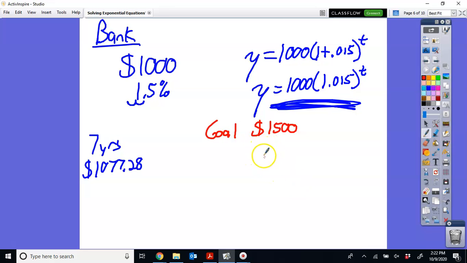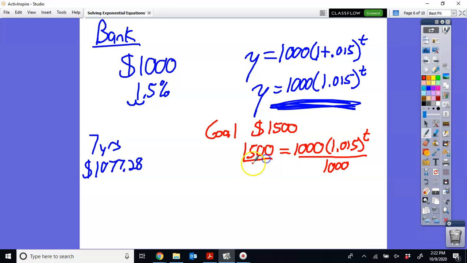But here's what we mean mathematically in an equation. We're actually plugging 1,500 in for y, not for x, not for the t. We're going to find the t. So that's a missing exponent. Now the first thing, I'm going to treat it just like I would a normal equation.